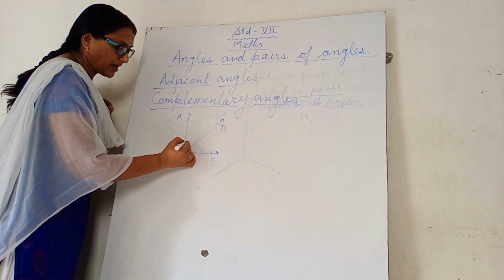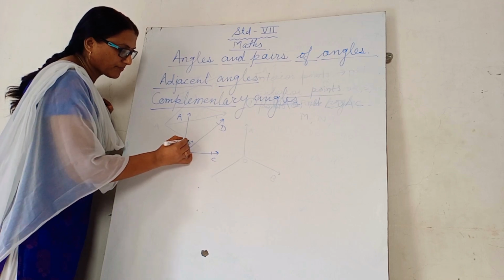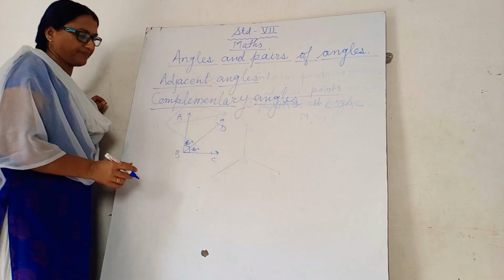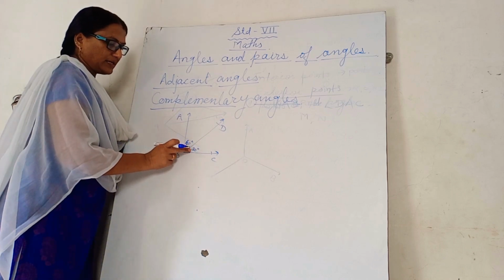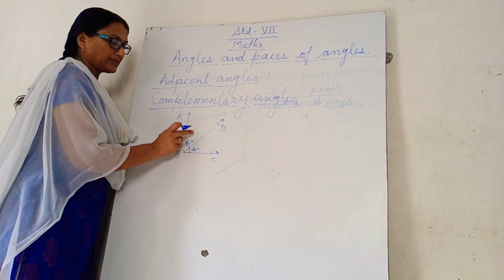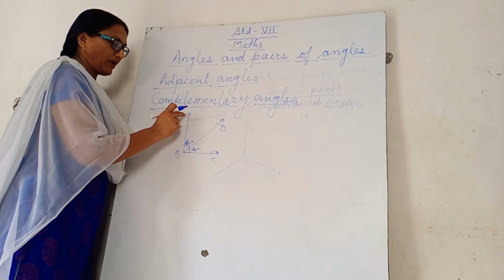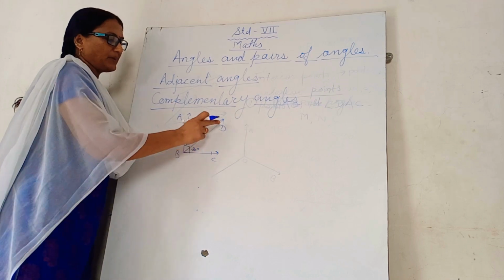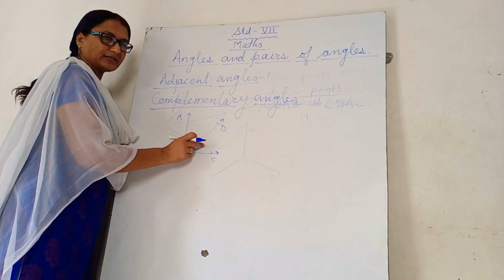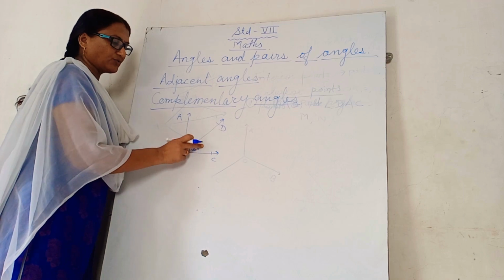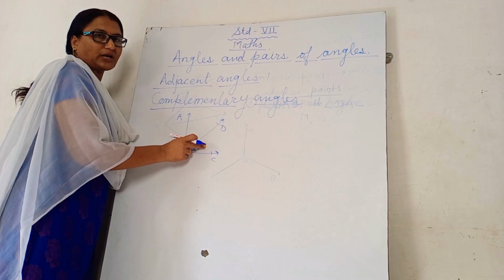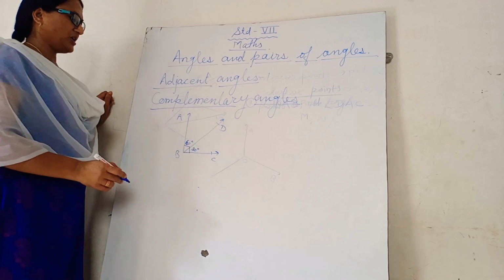Now suppose this is an angle of 60 degrees and this is an angle of 30 degrees. 60 plus 30 is 90. That means the sum of the measure of angle ABD and the measure of angle DBC is 90. Therefore, these two angles are complementary of each other.